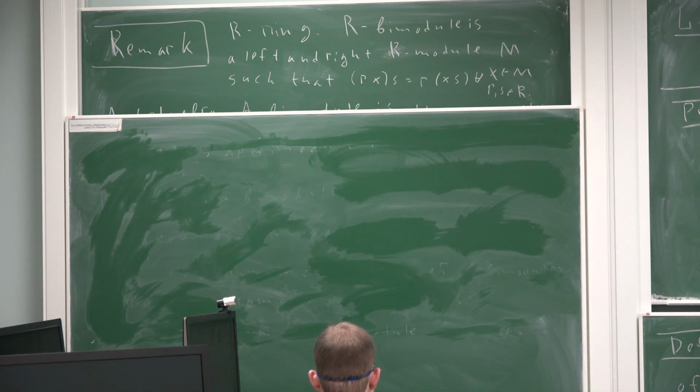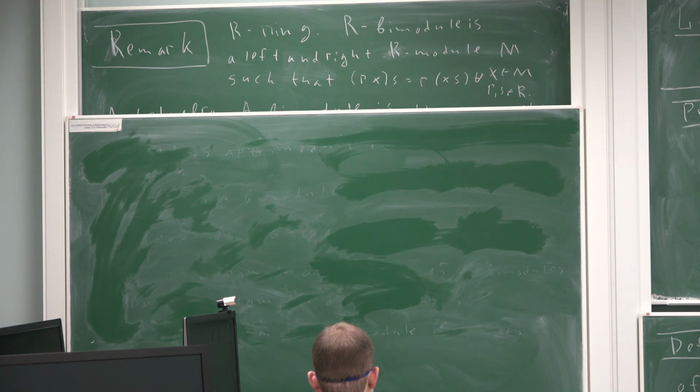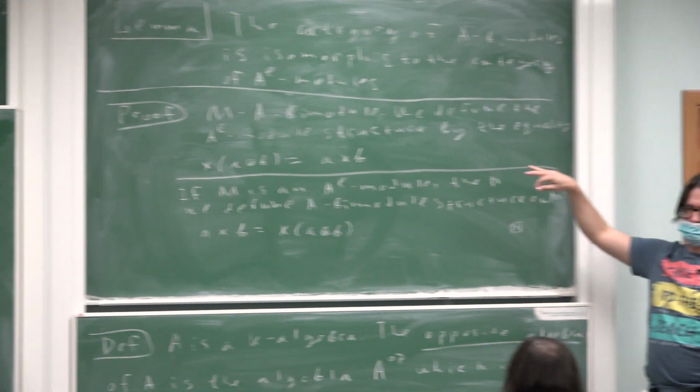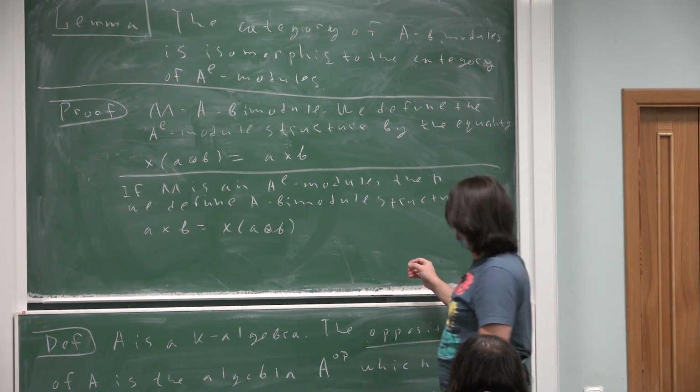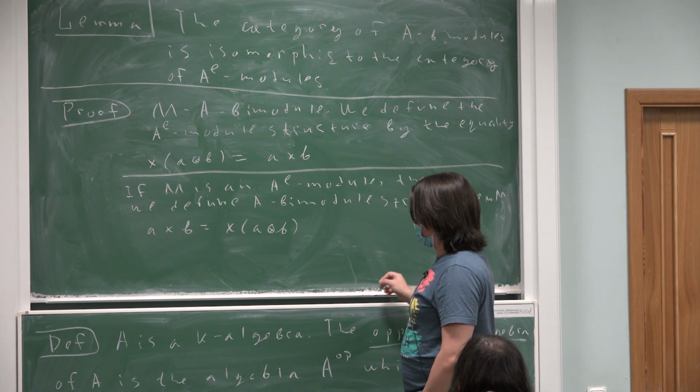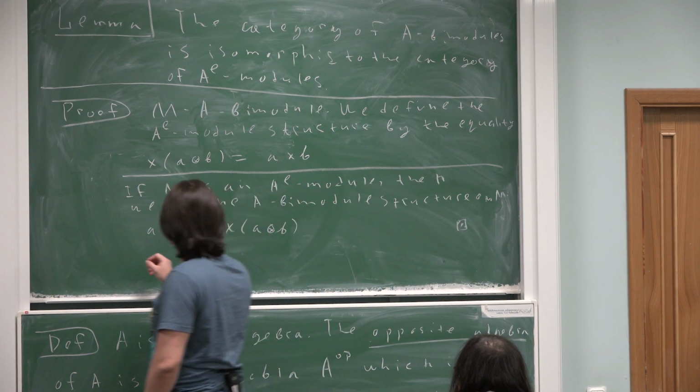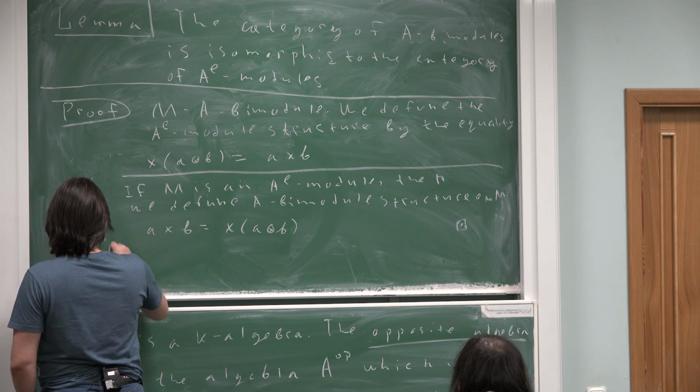Of course, if you consider A-bimodules as modules over A^e, where we have the tensor over K, we would put Z instead.